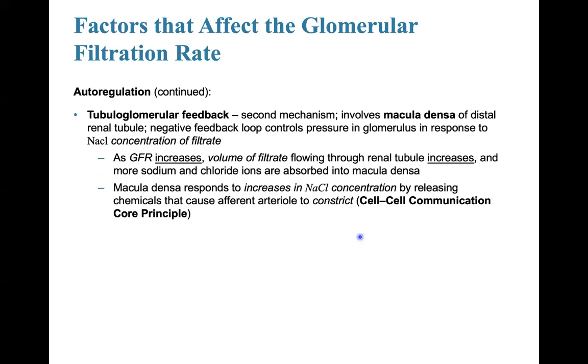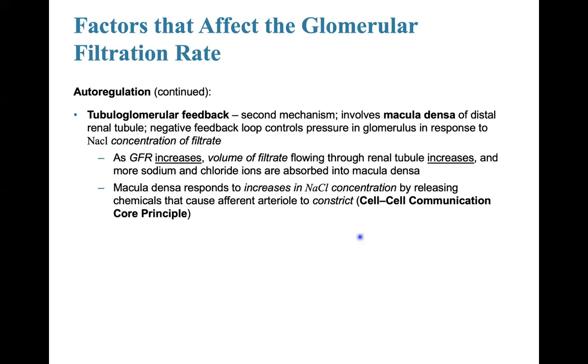You then have what's referred to as tubuloglomerular feedback. This is a second mechanism. It involves the macula densa of the distal renal tubules. It is a negative feedback loop that controls the pressure in the glomerulus in response to sodium chloride concentration in the filtrate.